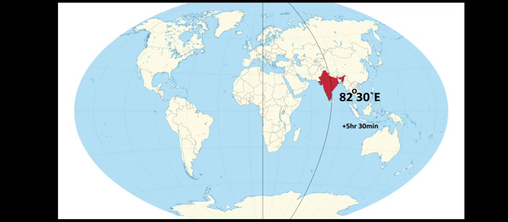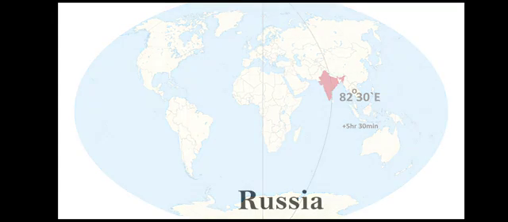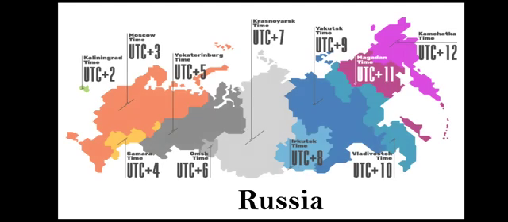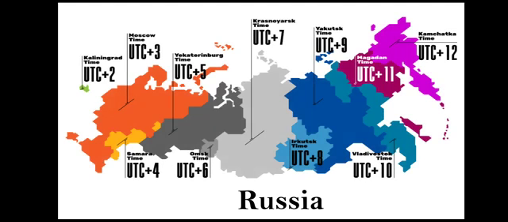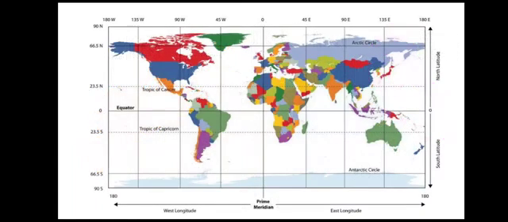Some countries have a great longitudinal extent, so they have adopted more than one standard time. For example, in Russia, there are as many as 11 standard times. The earth has been divided into 24 time zones of 1 hour each. So each zone thus covers 15 degrees of longitude.